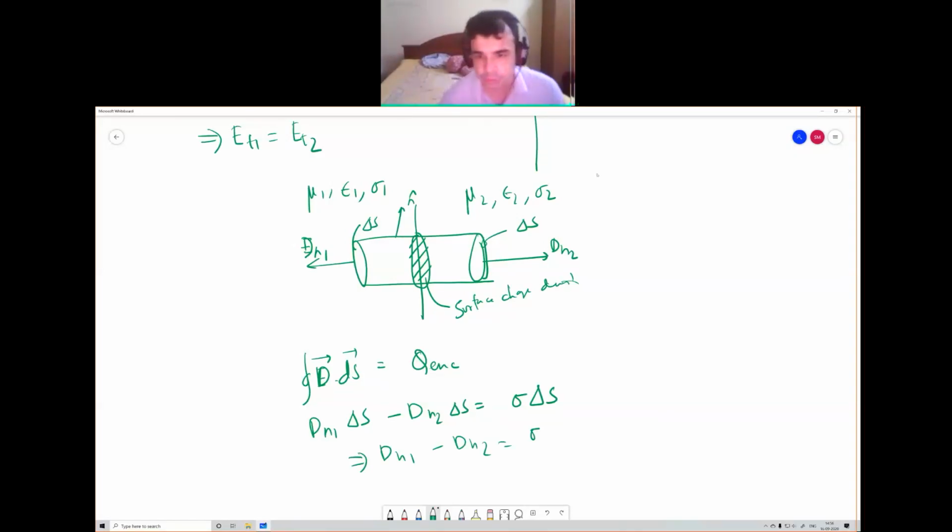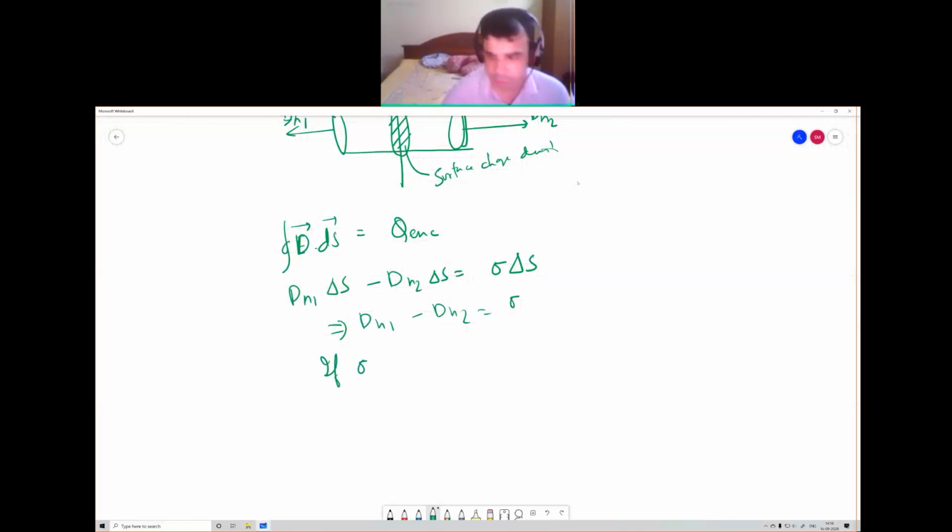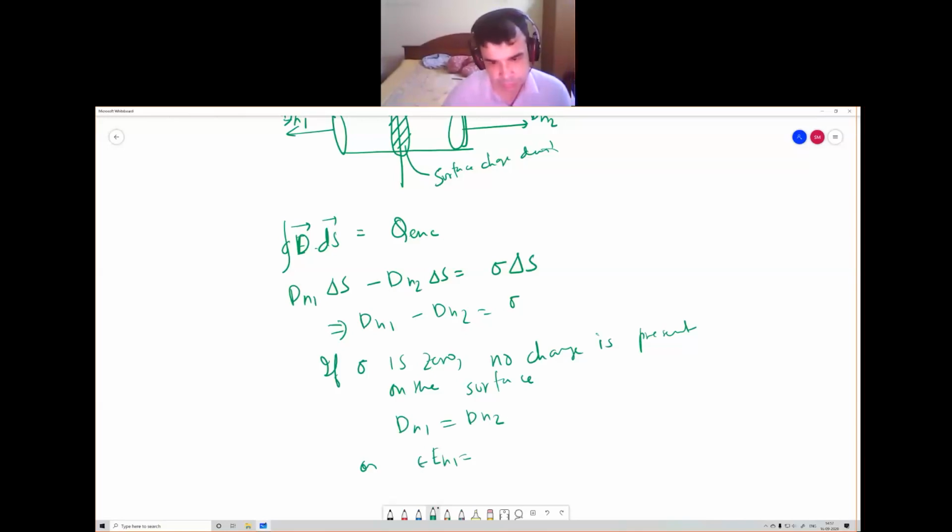If sigma is 0, if there is no charge density on the surface, which is the case most of the time, then Dn1 equal to Dn2, or epsilon1 En1 equal to epsilon2 En2.